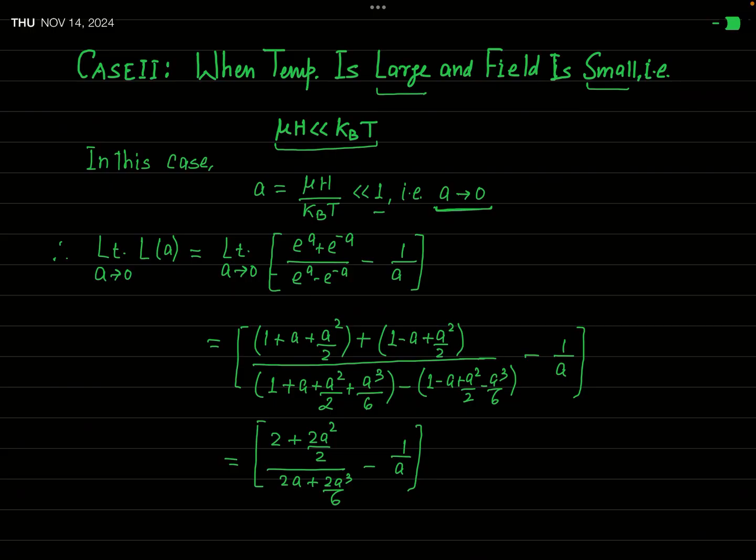So let us see. Limit A tends to 0 of L of A. And this is the expression for L of A, you know. And we impose this limiting condition A tends to 0 on it.